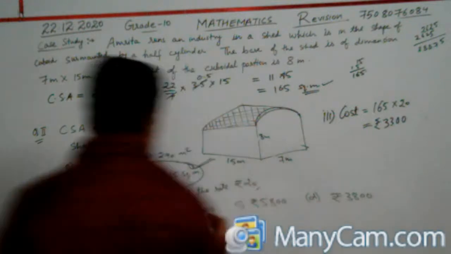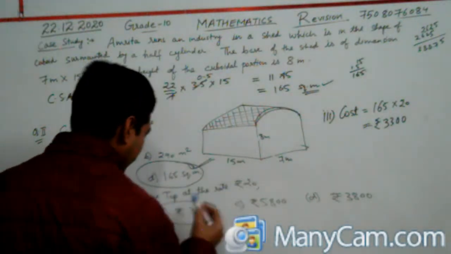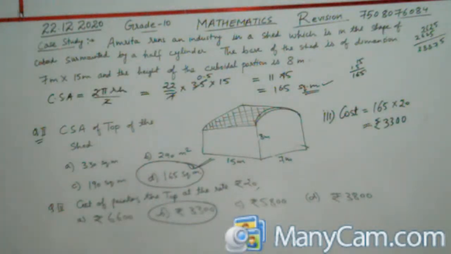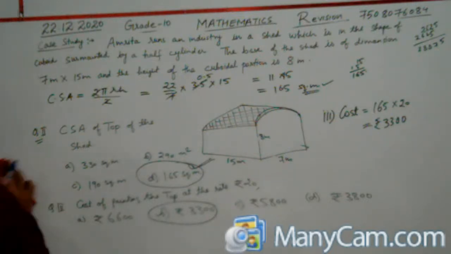This is the cost. We have one more, the fourth part. Let me discuss this fourth part with you. Fourth part: if the machinery in the shed occupies the total space.